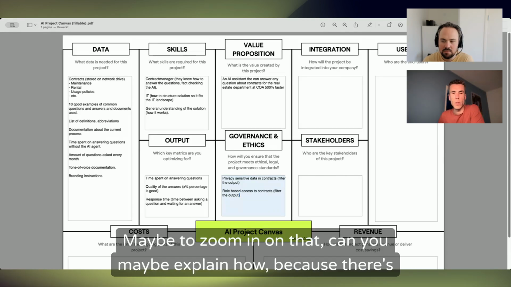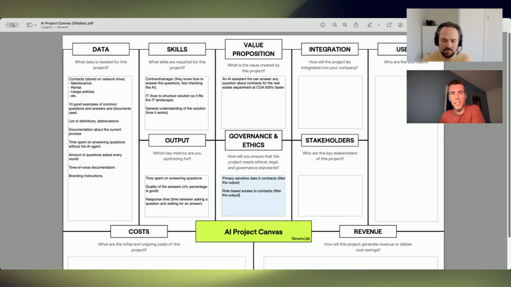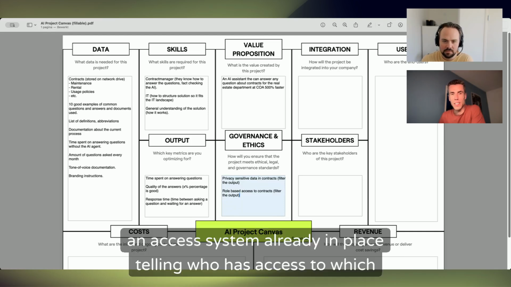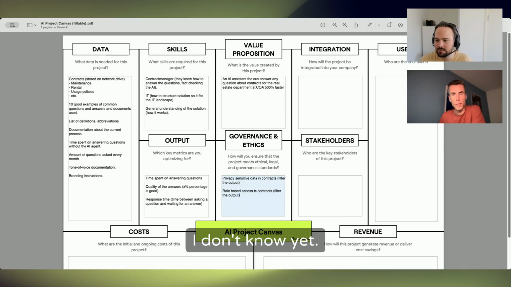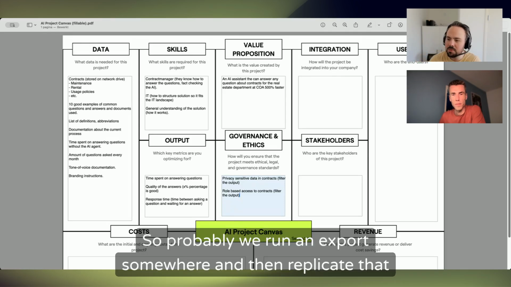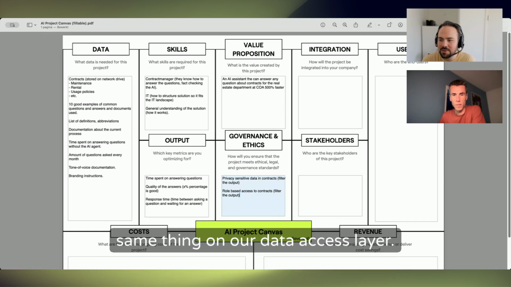Maybe to zoom in on that, can you explain how, because there's an access system already in place telling who has access to which contracts right now? How could we link this to this AI agent? I don't know yet. So probably we run an export somewhere and then replicate that same thing on our data access layer.